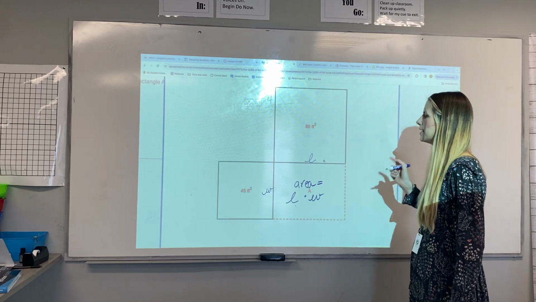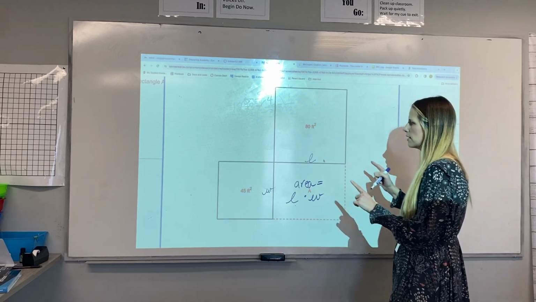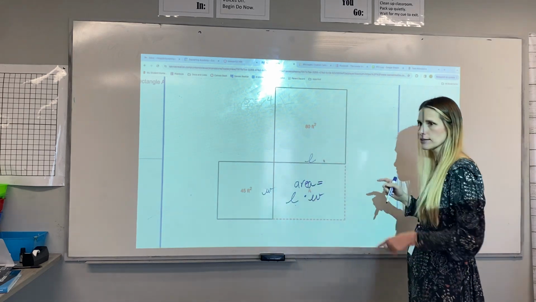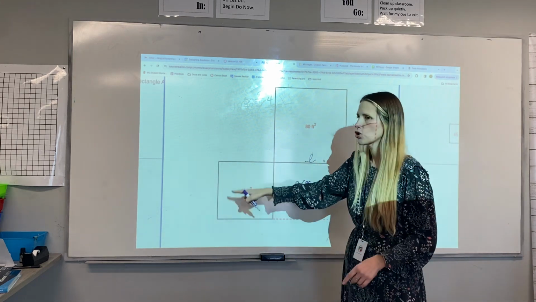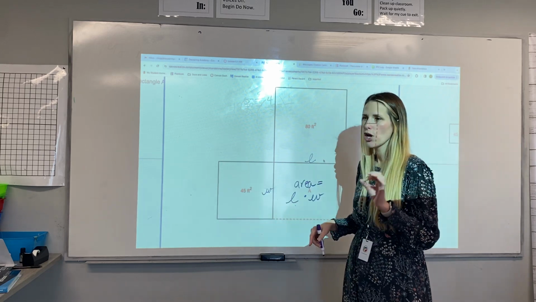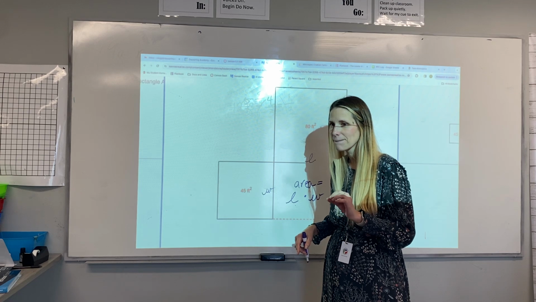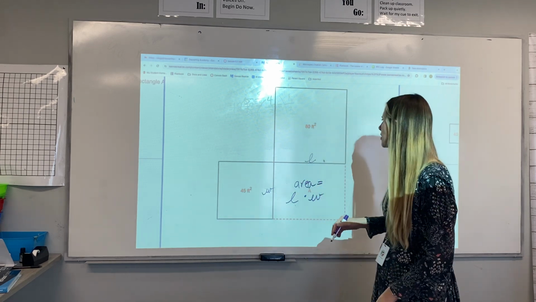Now, it gives us the area of these squares. It tells us in the problem that these are squares. What do we know about squares? Yes, all 4 sides are equal.